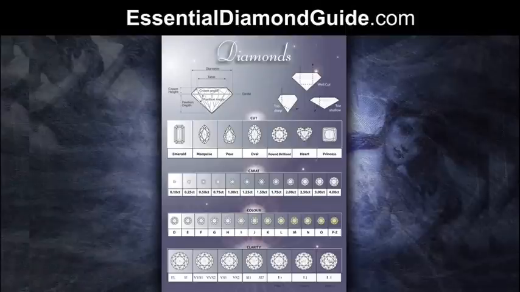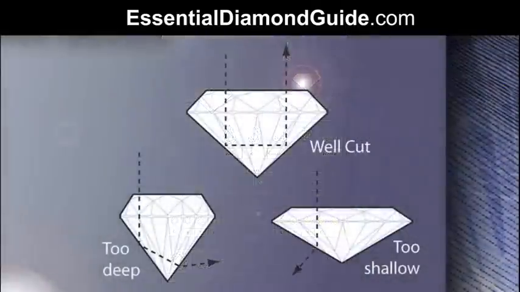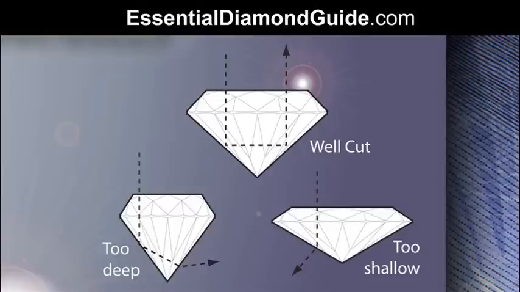So to start with, we have the cut of the diamond. Now right up the top here in this chart, I'll just zoom in on that. Basically you've got whether the diamond is well cut in terms of its proportion or whether it is cut too deep or too shallow. Now what this means is if you've got a diamond that is cut too deep, the light is not going to come back out the top of the diamond.